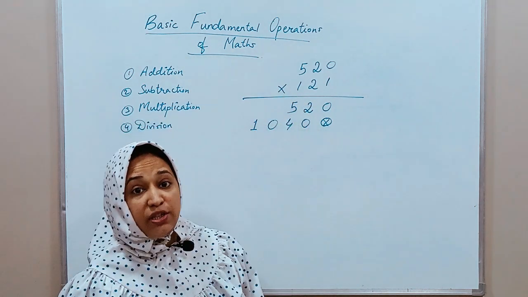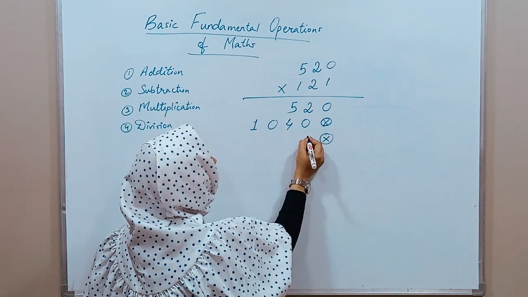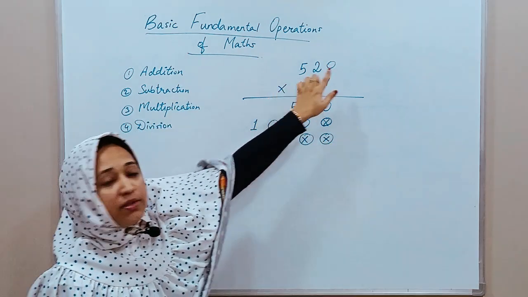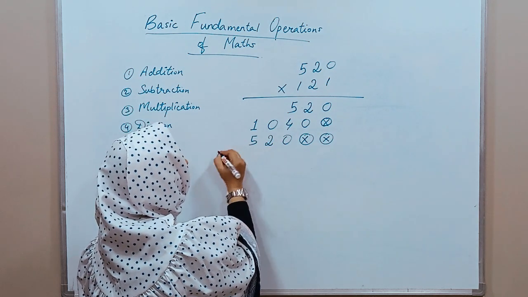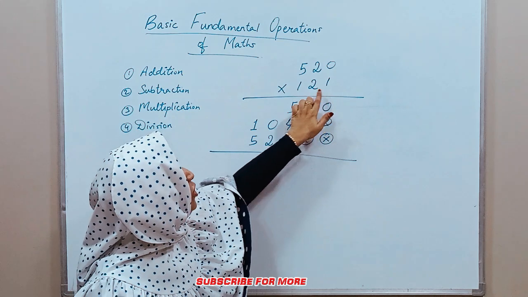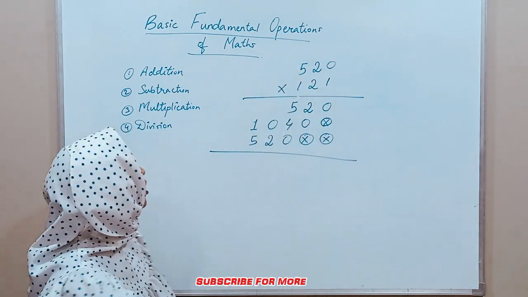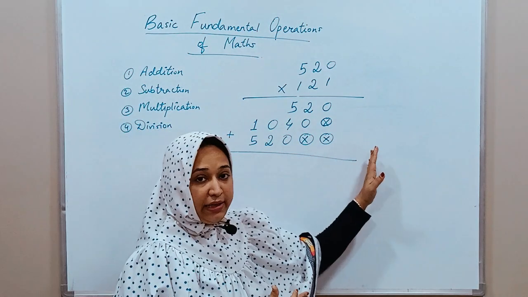Now going to the third digit, what we have to do, we will put 2 crosses here. Okay, and then start. 1 into 0 is 0, 1 into 2 is 2, 1 into 5 is 5. Now since we have completed multiplying each digit of the second number with the first number, now you have to add them column wise, starting from the right hand side.